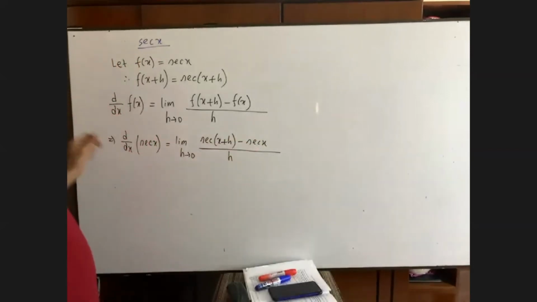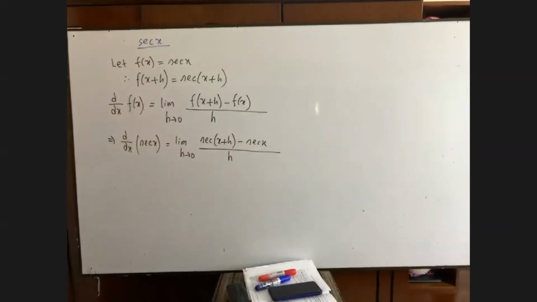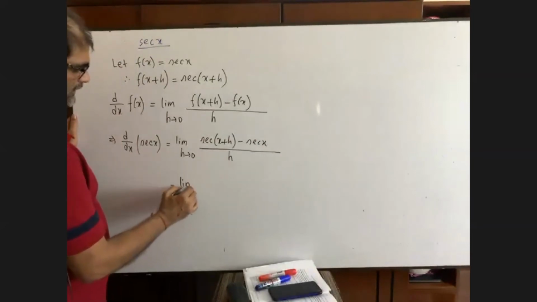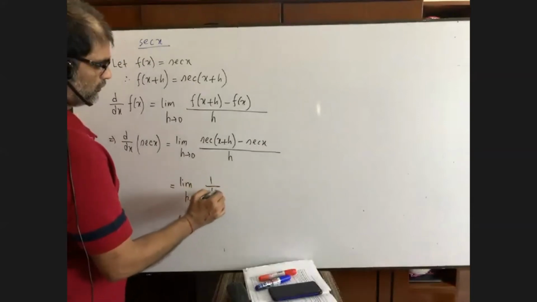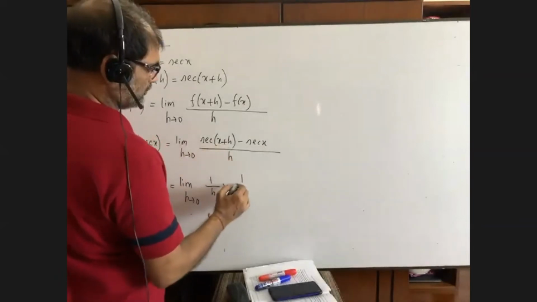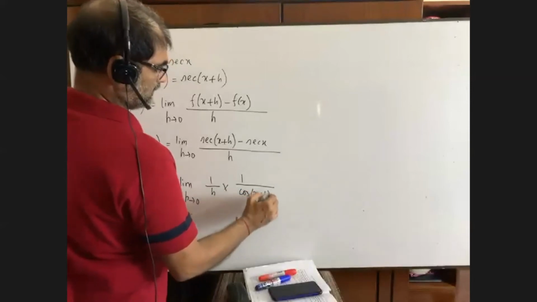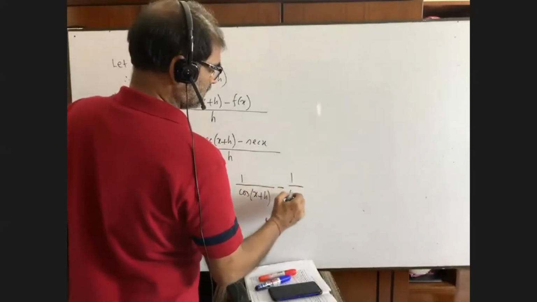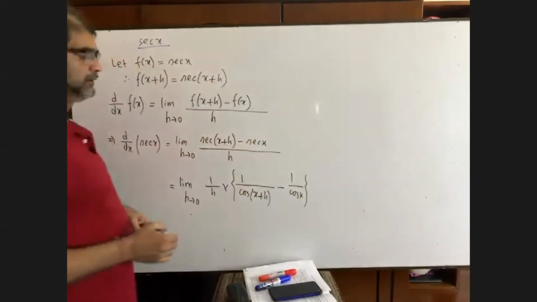Like the previous math, you can continue doing this math. That is, it is to be converted into cosine. So we can write like this: the limit as h tends to 0 of 1 by h into, sec x means what? 1 by cosine(x+h) minus 1 by cosine x.